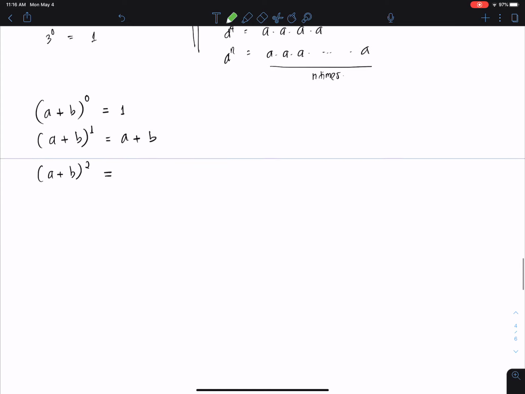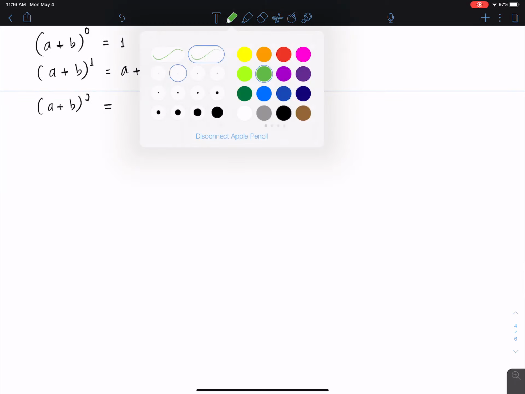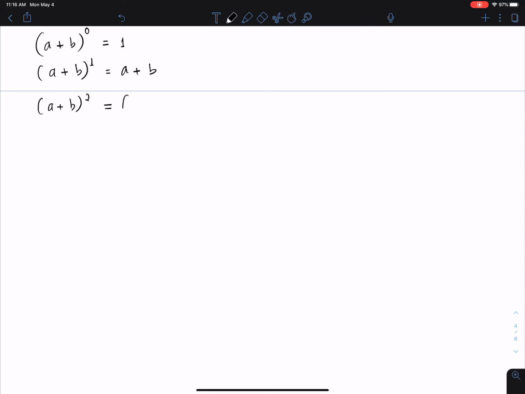So a plus b to the power of 2 will be a plus b times a plus b. So 2 times, right? So if we do this, we will get what? a times a, we will get a square. a times b, we can get ab.